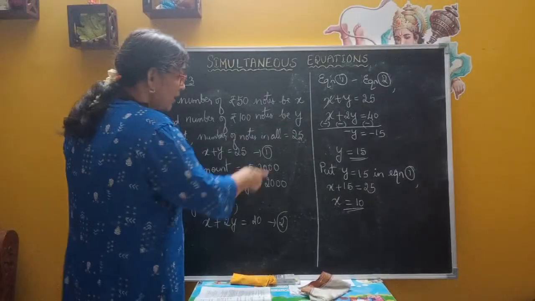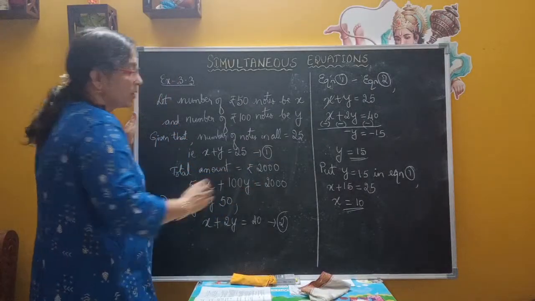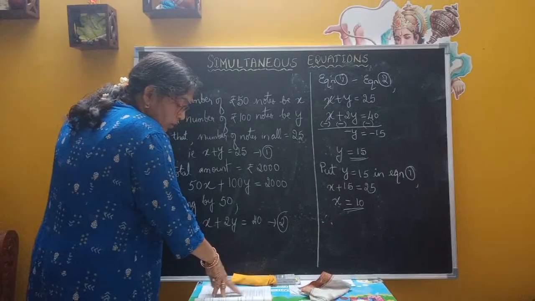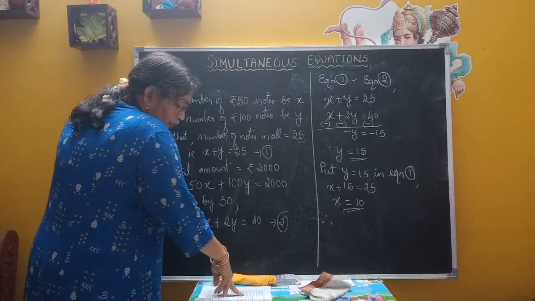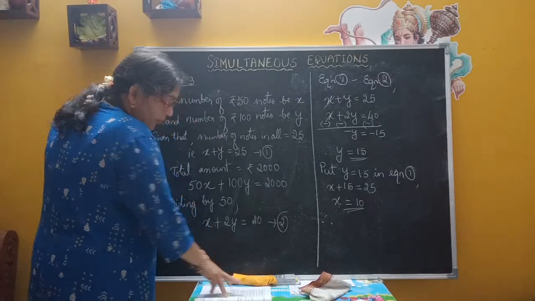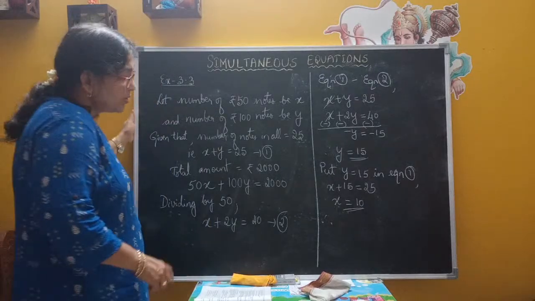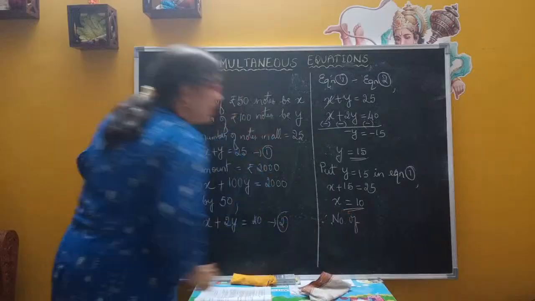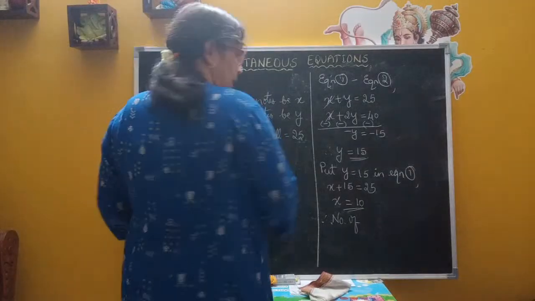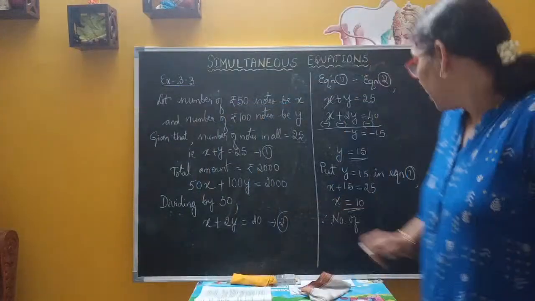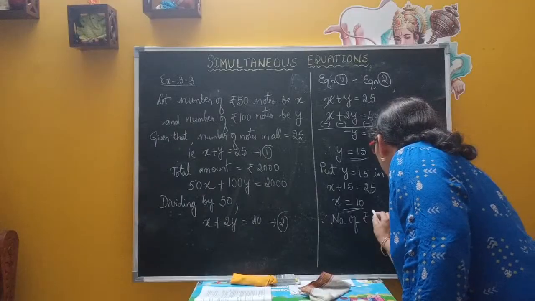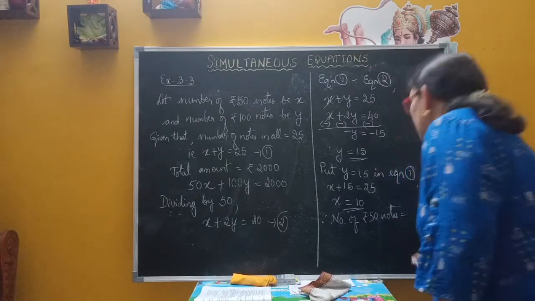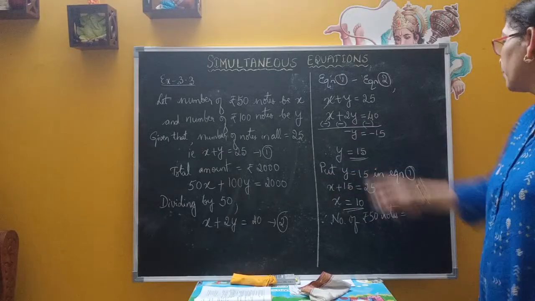Okay. So write the conclusion now. Therefore, what is the question asked here? Now find how many notes of 50 and 100 rupees were received. Yes, right. Number of rupees 50 notes is equal to how many notes we got?